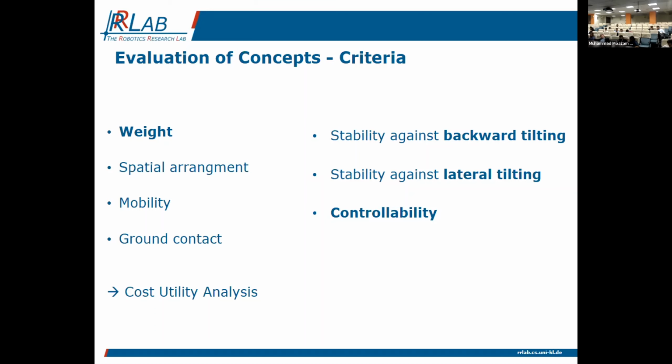And also the controllability is of much importance, because we want also in this rough terrain a robot which is able to drive in the way we want it to.